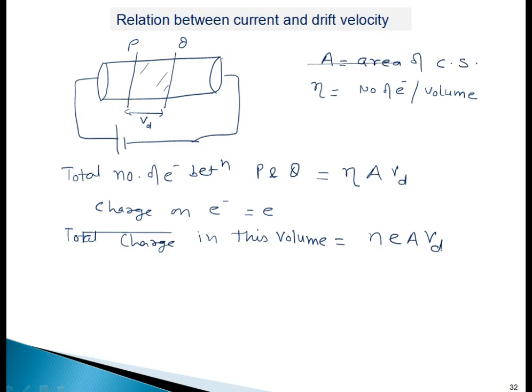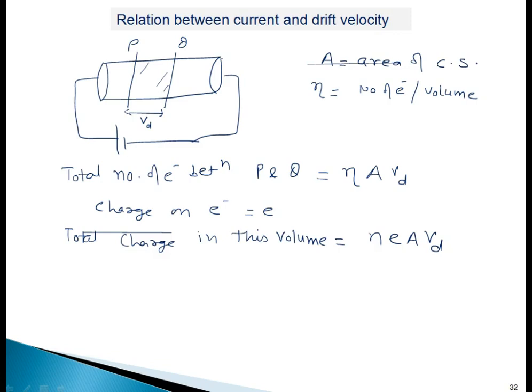The electron which is at cross section Q at present will reach cross section P after 1 second. Why? Because we have selected P and Q such that the distance between them is Vd, the drift speed of the electron. So this total charge neAVd is the charge which will pass through the cross section at P, where P can be any point on the conductor.